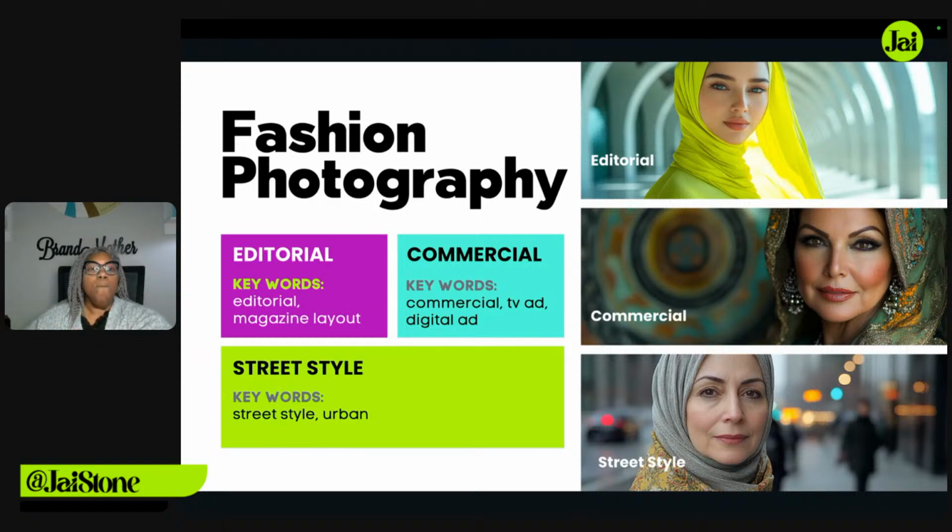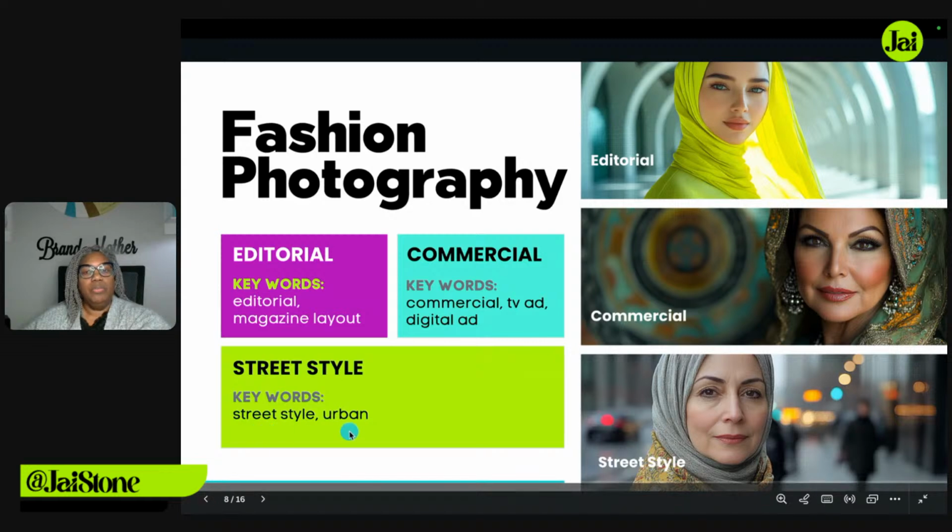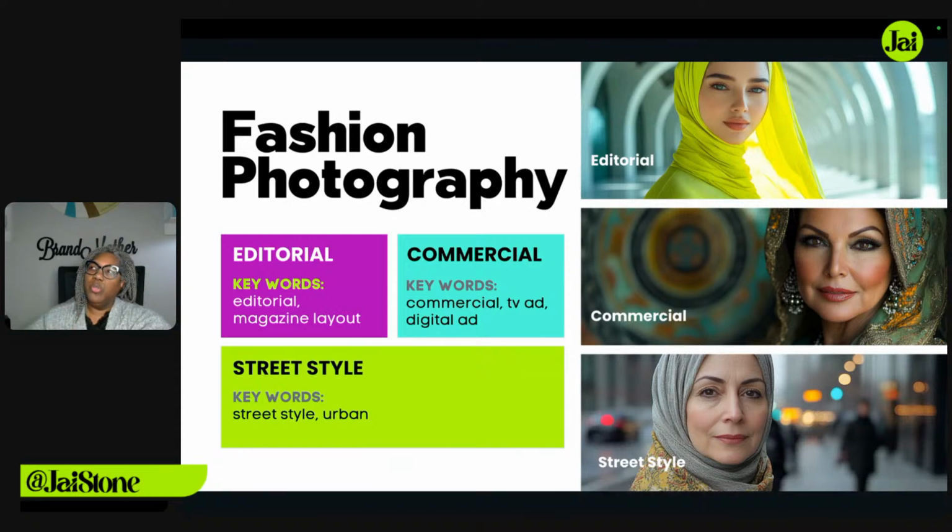All right. And then we've got street style. Street style means if I saw someone on the street, what would this look like? So for all of those folks who want to take pictures, like you want to have a photo of someone in an urban setting, like New York City or something like that, you might say fashion photography, street style photography, fashion photography, commercial photography.